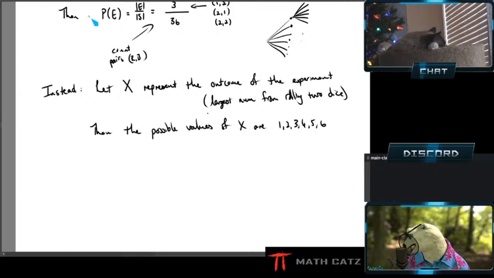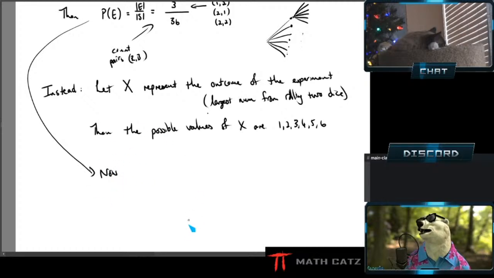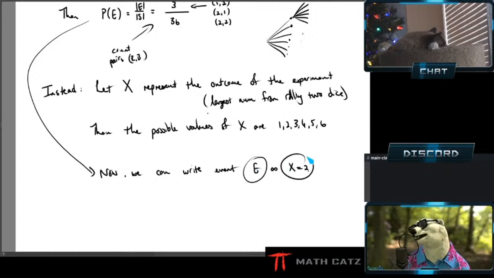So then if I look at my event E, now instead of defining new letters for new events and listing them all, we can, for example, write event E as x equal to 2. This now means the same thing.